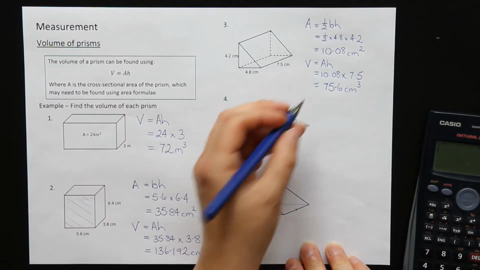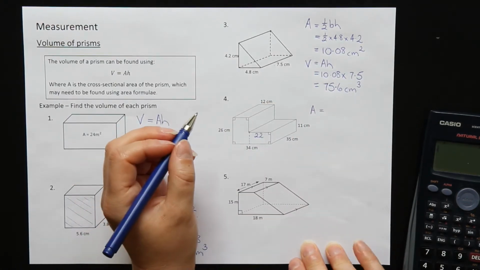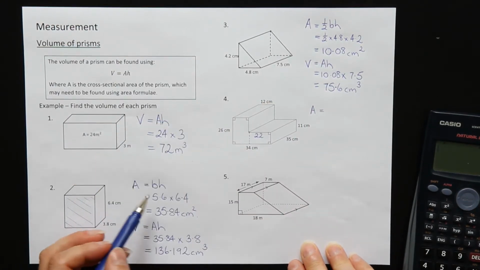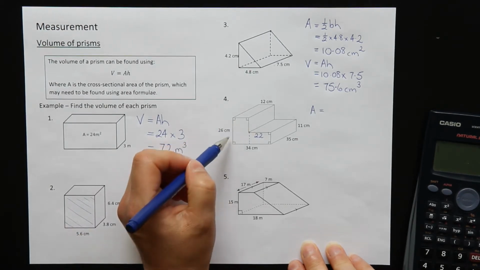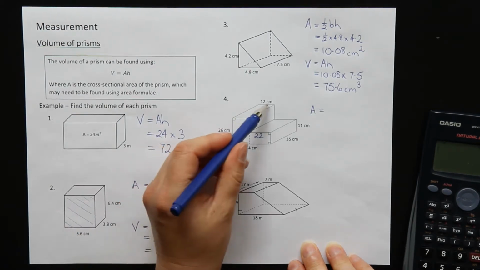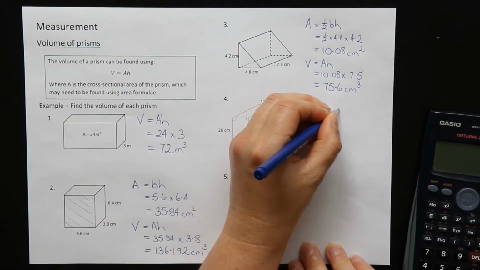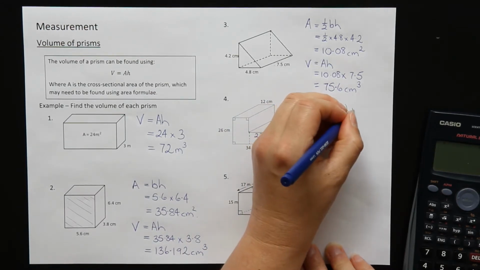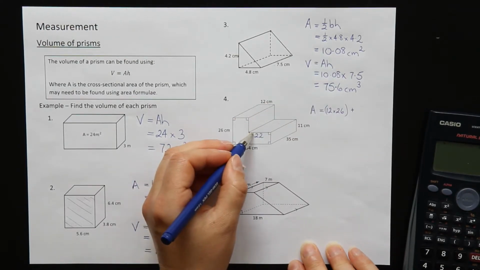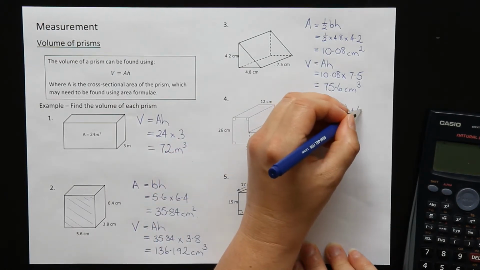Okay, so now we've got the measurements that we need. Let's write down our expression for area. Area is going to be equal to, now they're both rectangles, so we're going to be using base times height. The base and the height of this one is going to be 12 times 26. That's my first rectangle. Then I need to add on this second rectangle, which is 22 times 11.